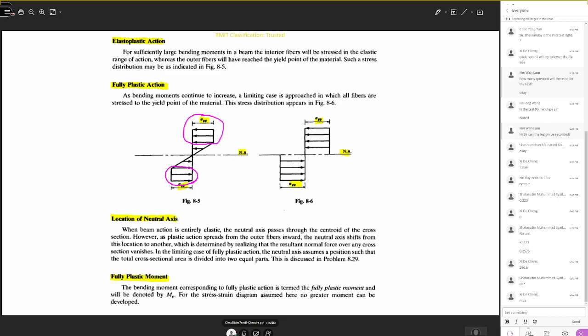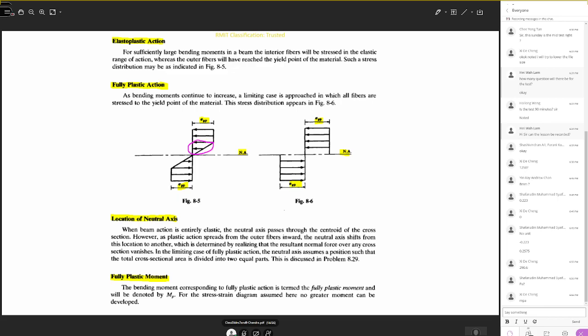With respect to the neutral axis, the deformation starts from the outer fibers, above and below. Here you can see it is elongation, and here it is stress. Part of the material at the top and bottom is under fully plastic deformation, and you can see this portion of the region is still under elastic condition.